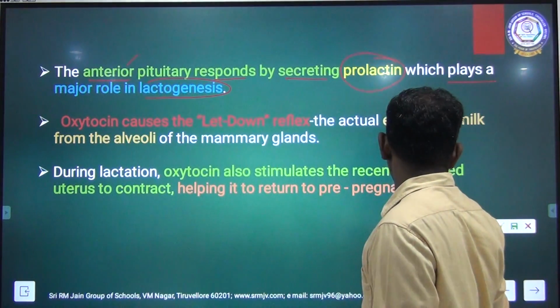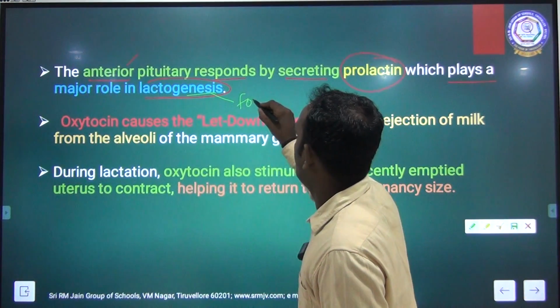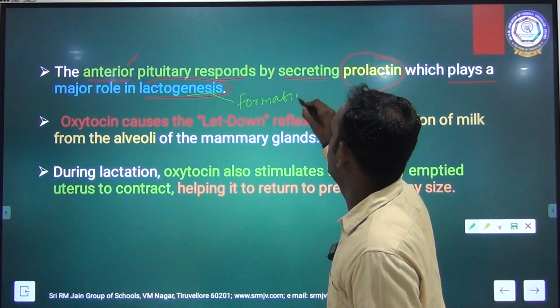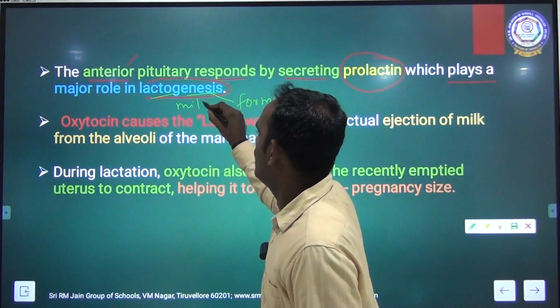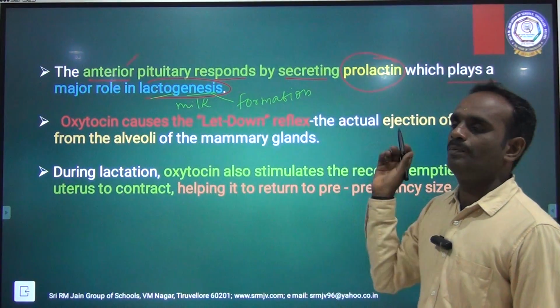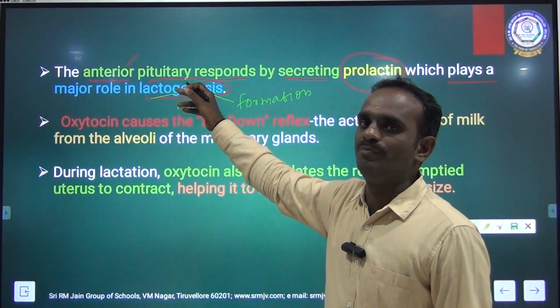The word genesis means formation. Lacto means milk. So lactogenesis is the formation of milk. So prolactin plays a major role in the formation of milk.